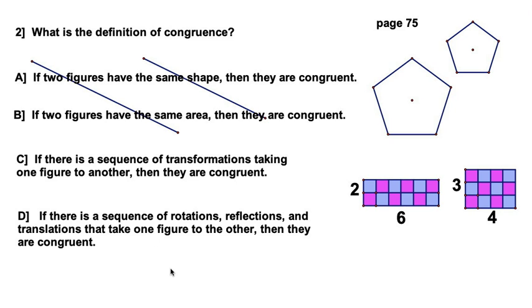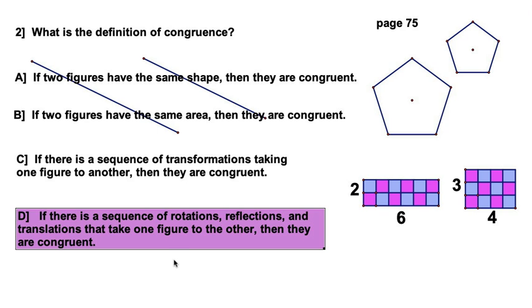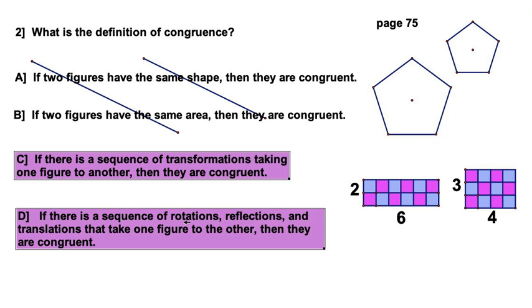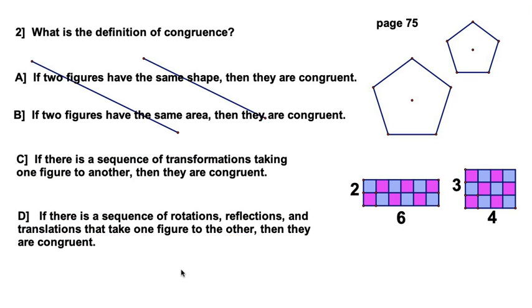Now, you could argue the other side and say, hey, does that mean it has to have a rotation and a reflection and a translation? No, it doesn't. So I think the answer they're looking for is this one. But, you know, arguing is a good thing. I could argue for either of these, but I would never ask it in such a way.